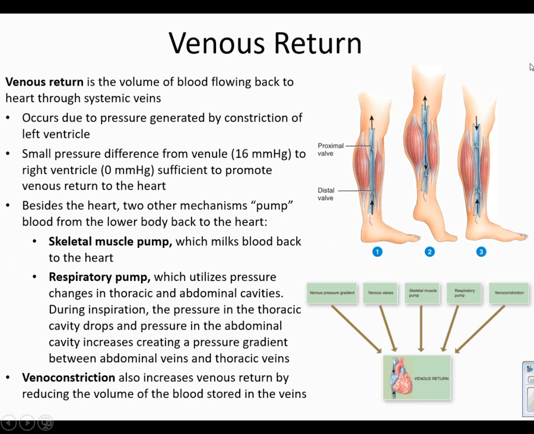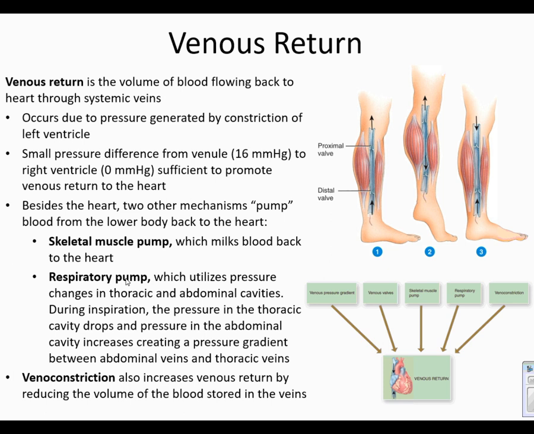You have the skeletal muscle pump. When your muscles pump, they eject blood, okay? And you can see in the figure that there are those valves. They prevent blood from going backwards, just like the valves we talked about the other day in your heart. And then the respiratory pump utilizes the changes in pressure that occur in your thoracic and abdominal cavities as we breathe in and out.